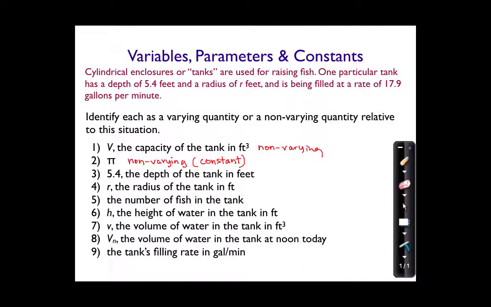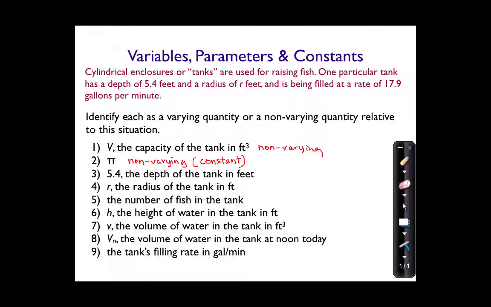What's the value of V? That's just a symbol that we made up for the purposes of this question. If we had some more information, we could find the value of it. Maybe we have enough. 5.4 feet. Nope, we don't have quite enough. We know the depth of the tank, and its radius is r.